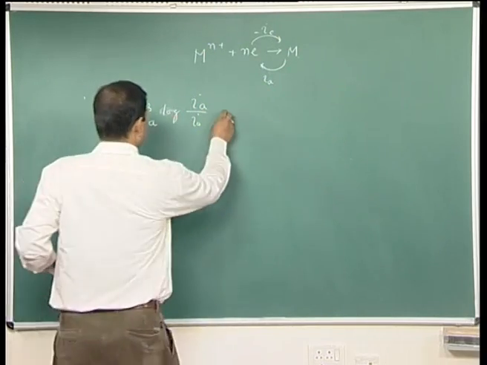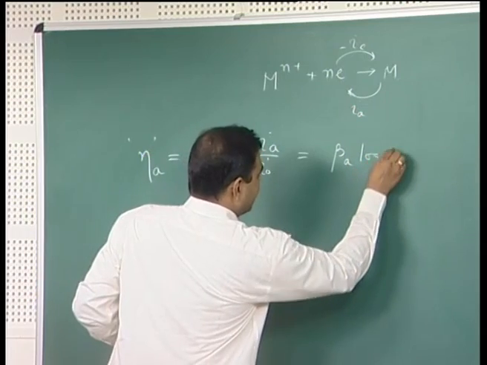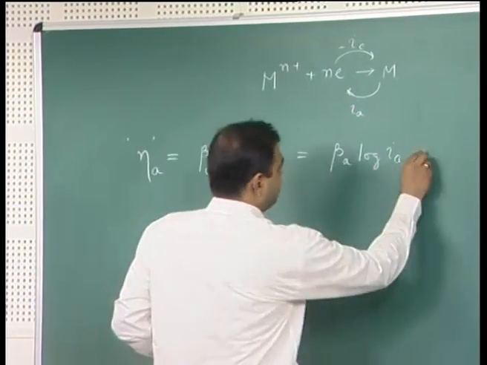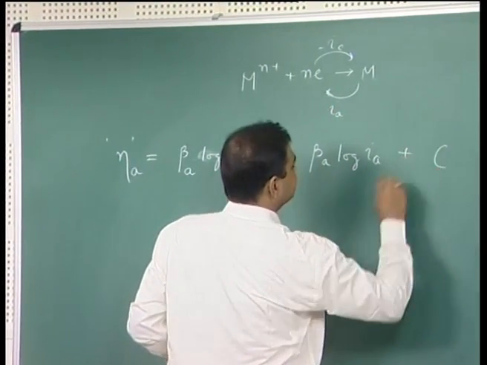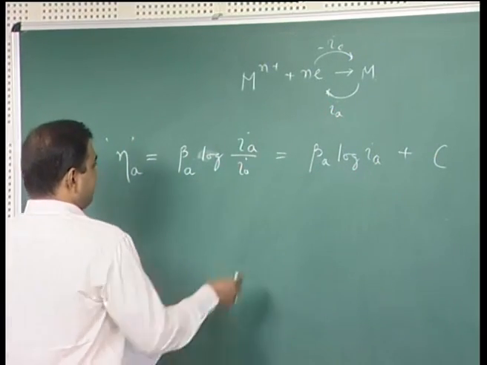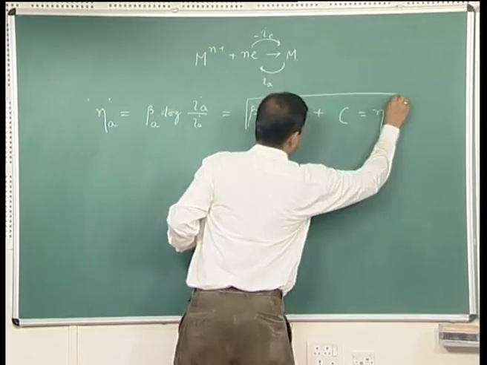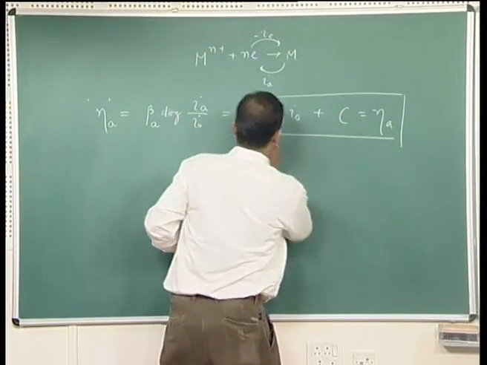And then we can also write it in the form of beta A log I A plus some constant. So, this is my Tafel equation.